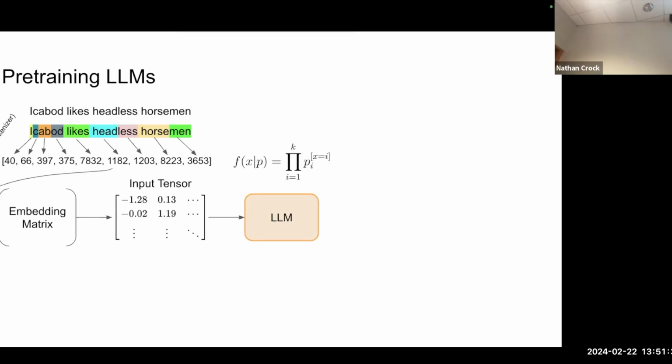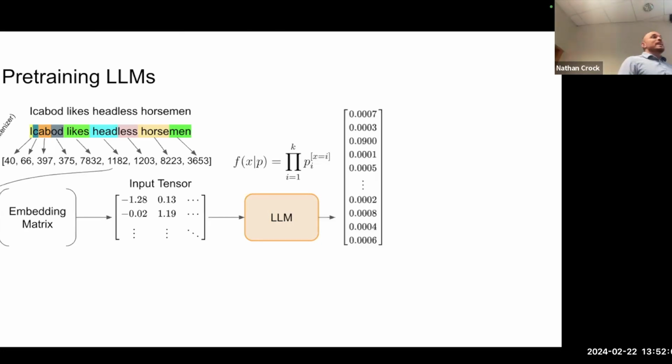But I did want to emphasize one thing: with all the complexity and the really important computational innovations that have been developed for large language models, at the end of the day, it's simply a ridiculously over-parameterized categorical distribution. It's what it is, right? You give it a sequence of tokens, and it outputs a vector of probabilities, which is a categorical distribution.